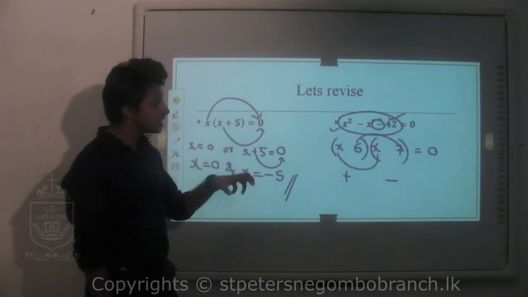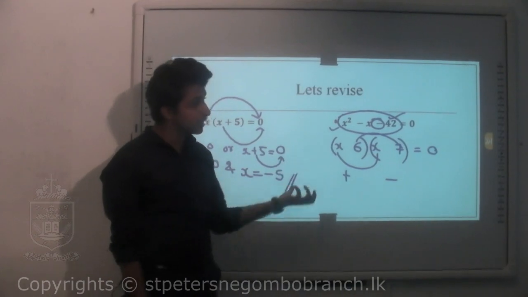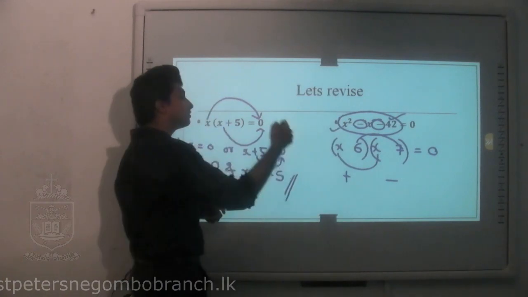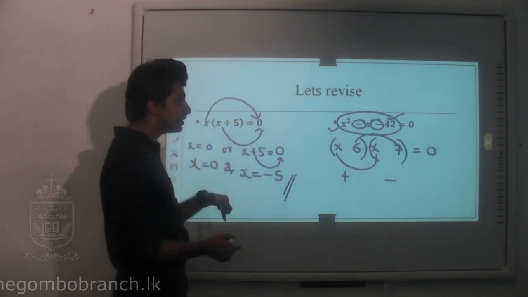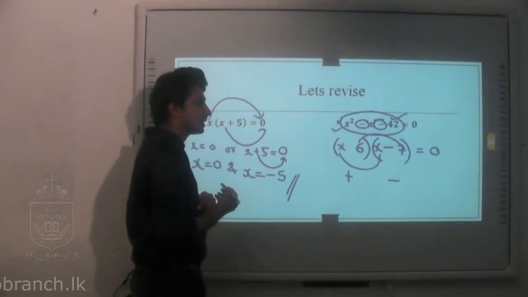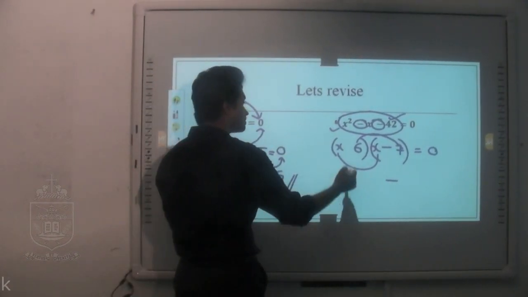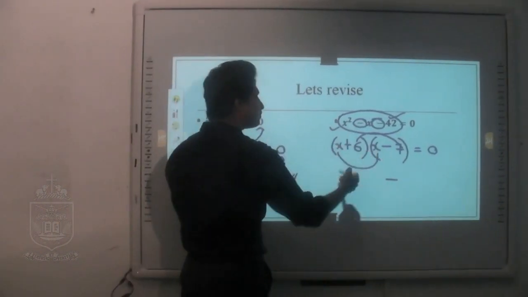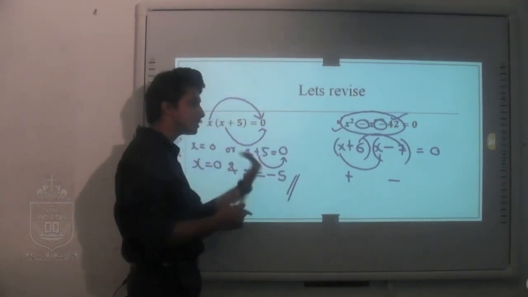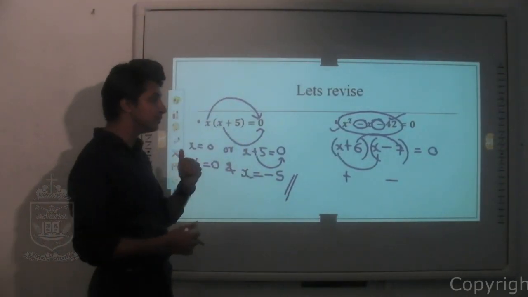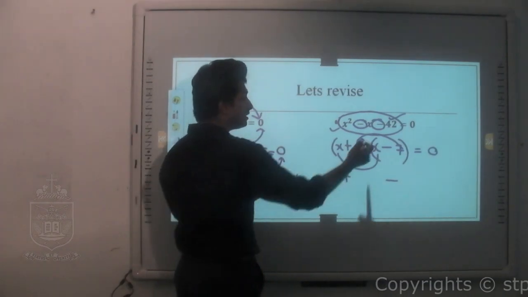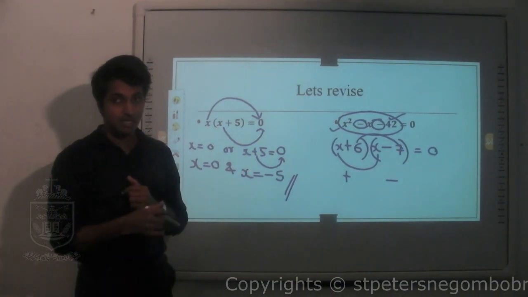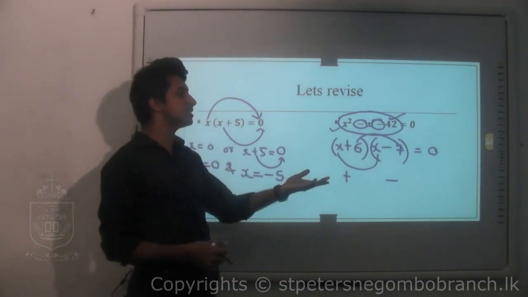Then to select to which bracket we are going to give the plus sign and to which bracket we are going to give the minus sign, we will check the sign here, that is the sign in front of x, and that sign will be given to the larger number, and the opposite sign will be given to the smaller number. Again, when you break it into factors as x and x, and 42 into 6 and 7, as 6 times 7 is 42, when deciding on the sign, here it is minus, so you can't be giving plus to both the brackets, because plus into plus or minus into minus will be a plus value.